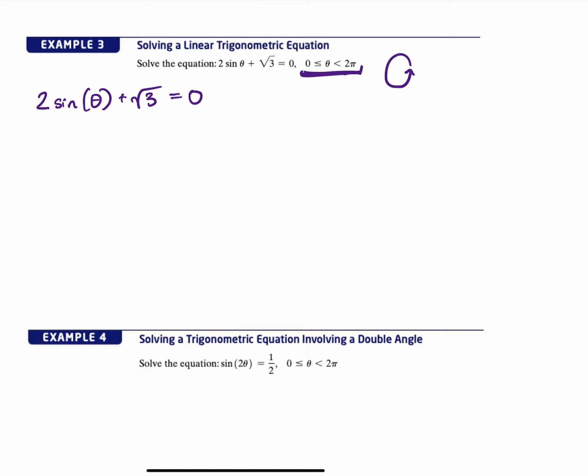So let's start off just by isolating this trig term. Let's move everything over to the other side. So I'll start by subtracting the square root of 3. So 2 sine of theta will equal negative square root of 3. And then I'm going to divide both sides by 2. So sine of theta will equal negative root 3 over 2.